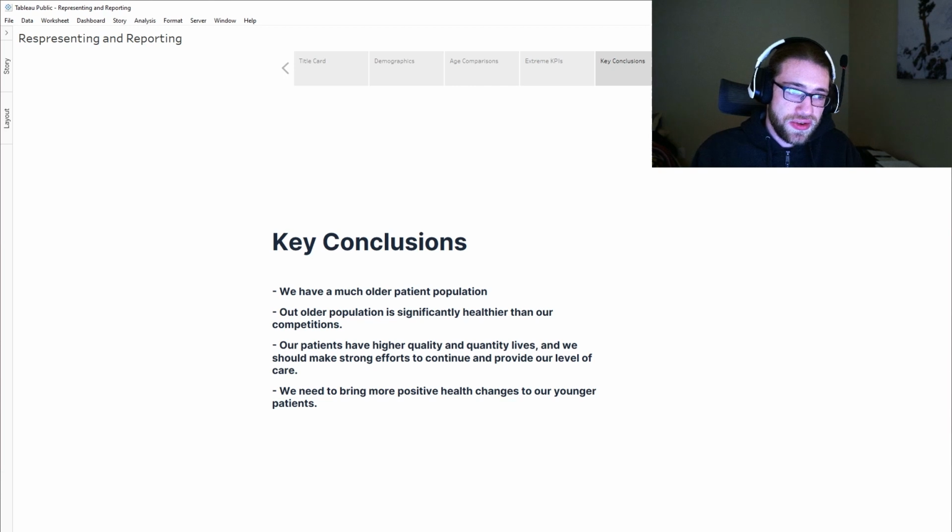If we need to set up new steps to continue having healthy elderly patients, we want to provide more of a positive health change to our younger patients, because if we can nurture healthy and positive changes in our younger patients, we're going to be able to continue to have high quality, high quantity lives.